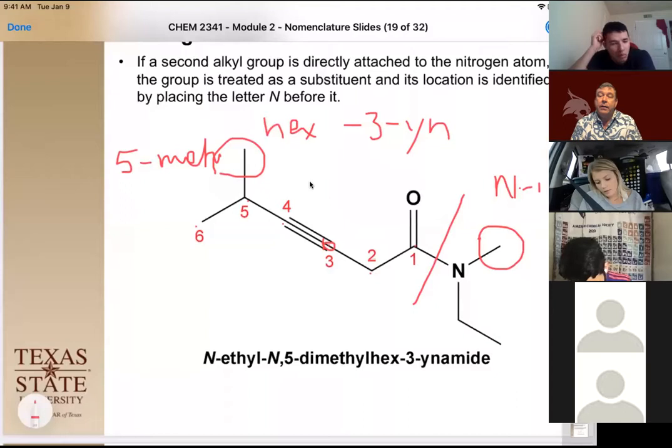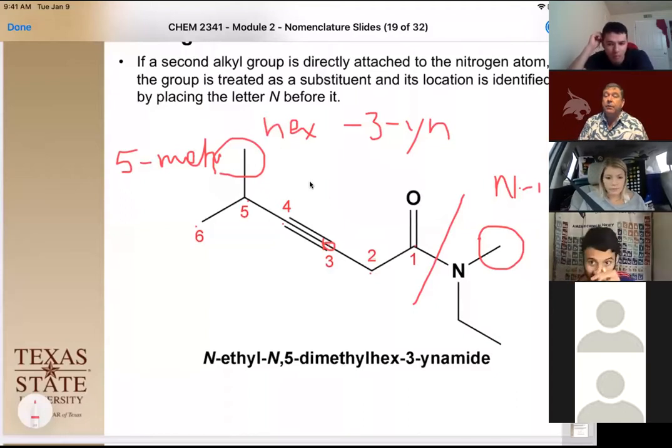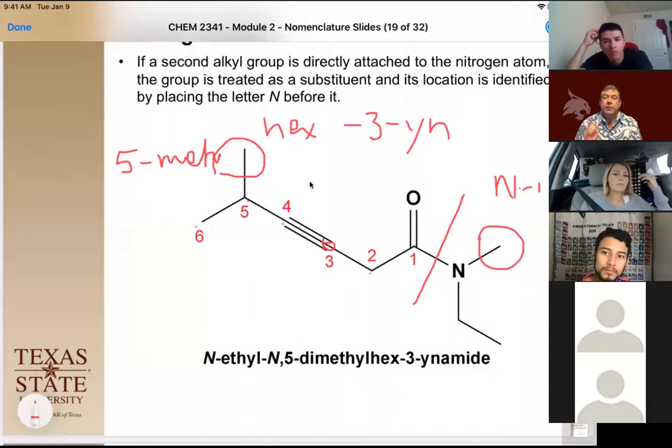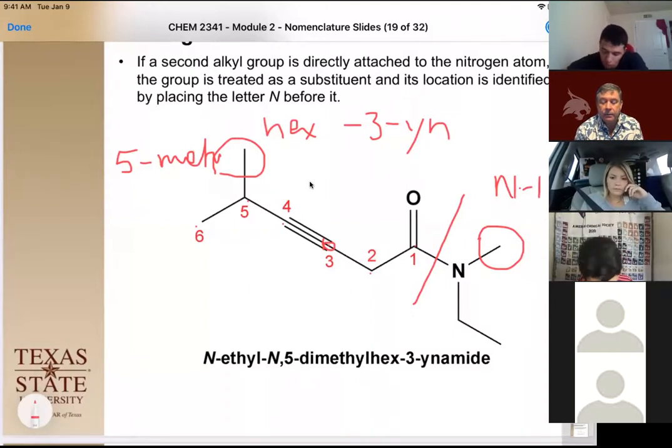Oh, what if the alkyl group on the nitrogen branches? Then you have to name it as a bracketed branched hydrocarbon with an N on the outside of the bracket. Good question. I probably won't do that though, but we'll continue. So this is going to be an N-methyl over here. However, whenever we have multiple substituents of the same name, we group them together and say di.